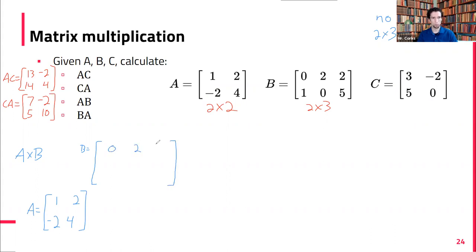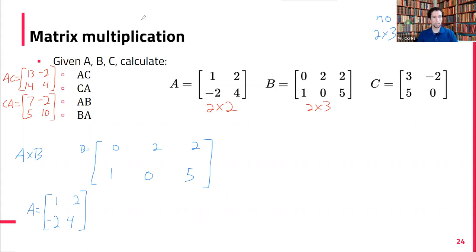0, 2, 2. 1, 0, 5. All right. Well, let's see what happens.